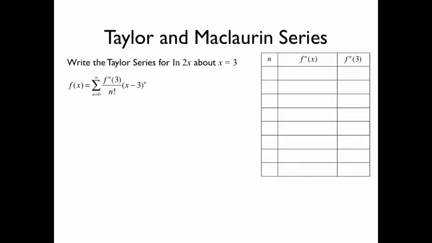So this first thing we'll do is build the Taylor series for natural log of 2x centered about x equals 3. Because it's not centered at 0, it's a Taylor series. If it were centered about x equals 0, then it'd be a Maclaurin series. For this centering about 3, we're going to have the nth derivative evaluated at 3 over n factorial times x minus 3 to the n.